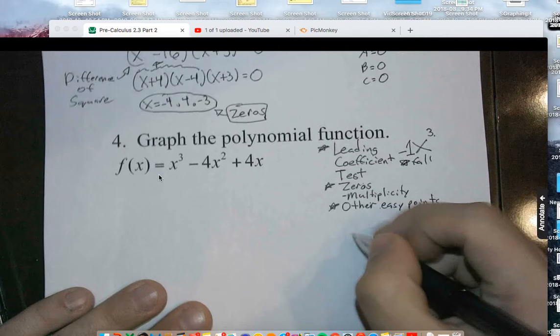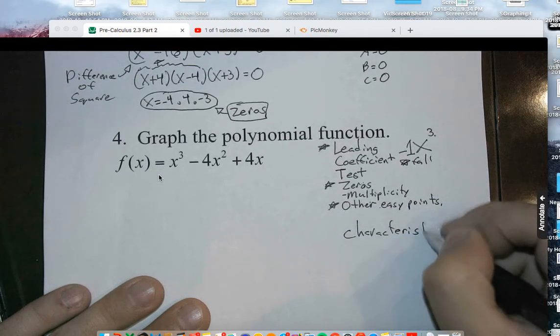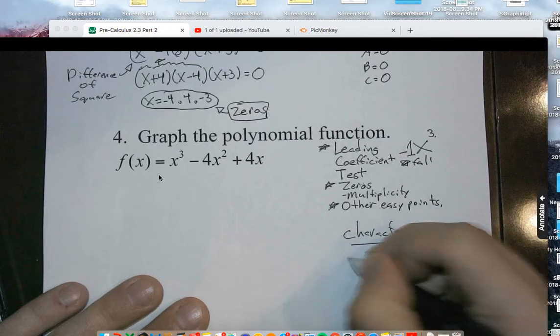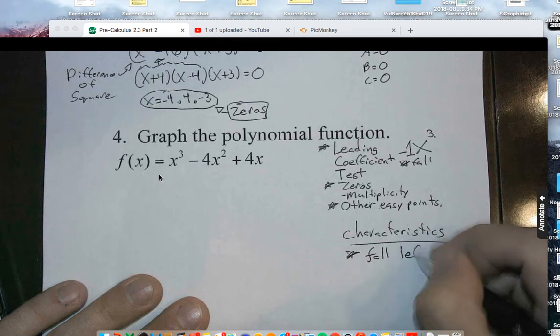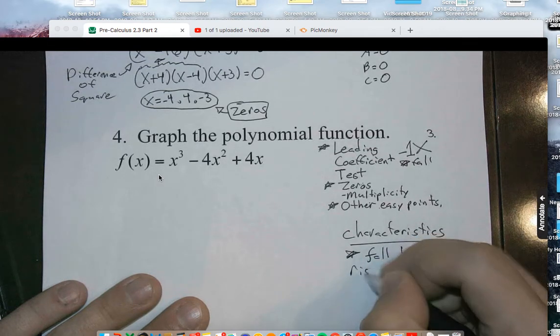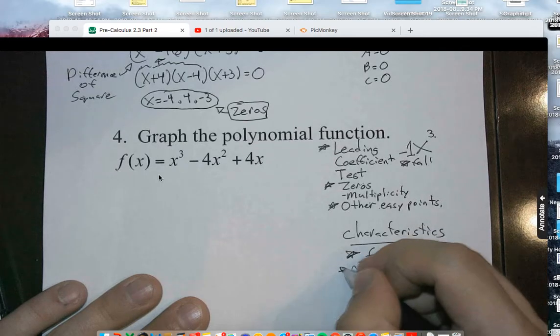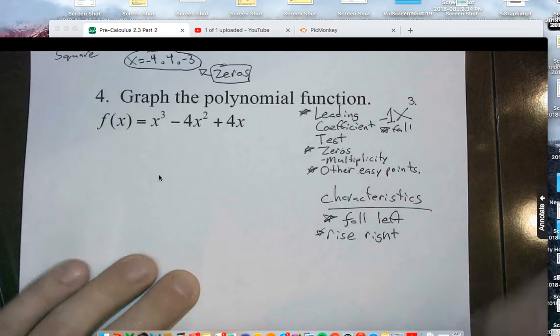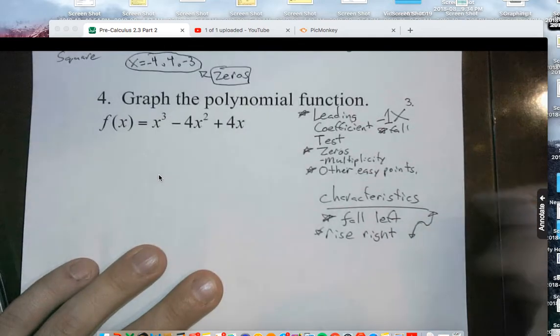I'll actually write it down here. So we have our characteristics. Definitely we're falling left, we're rising right. So we can already start to sketch out what this looks like even if we don't have points necessarily. So probably looks something like that.